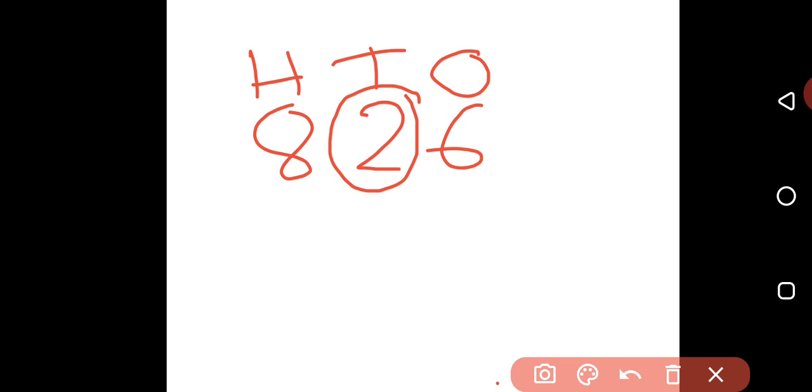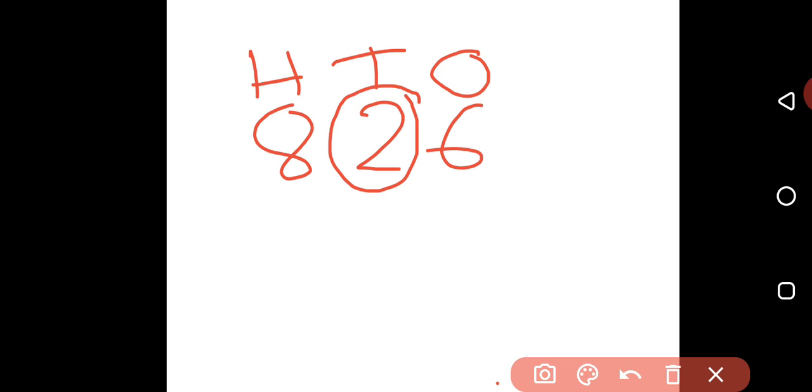What is the rule? If the digit in the tens place is 4 or less, then place 0 at the tens place and ones place. The digit in the hundreds place will remain the same.